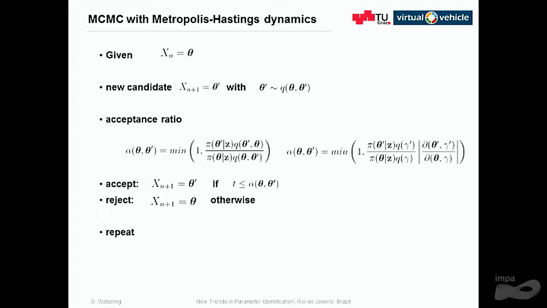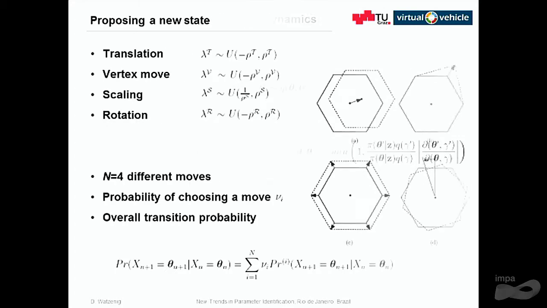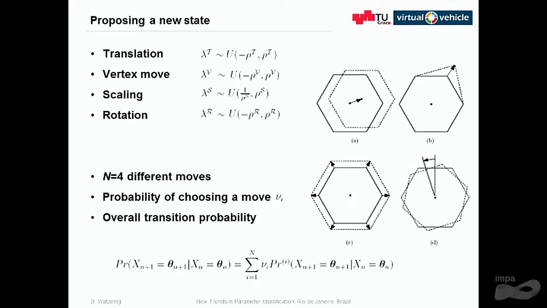More interesting is how to construct this, to propose the new candidate in your Markov chain for the next step, for that special case in monitoring, or in recovering the shape of a single inclusion. It actually makes sense to go for different moves, which are chosen randomly.